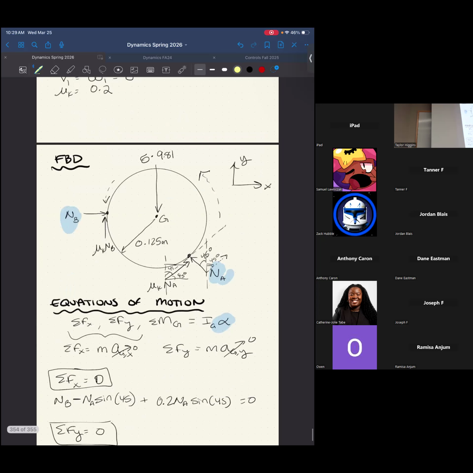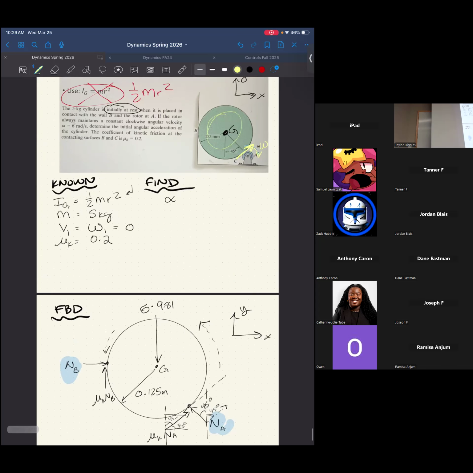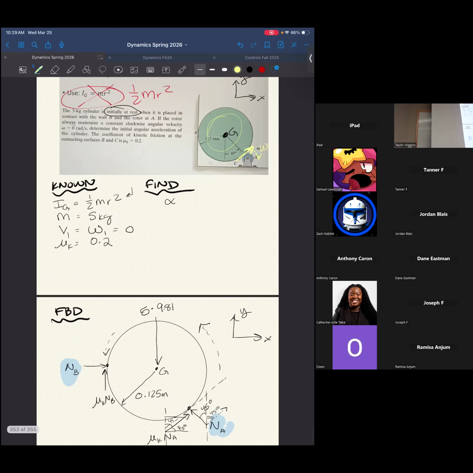Okay, all right, I get it now. Thank you. Yep. Because A is injecting energy into this cylinder, it is causing the cylinder to start moving in its same direction. We know this cylinder will eventually start rotating that way, and it's that rotation that causes it to rub against the wall at B. These particles want to move downward, but the friction at B is going to resist that downward motion of the rotating particles.